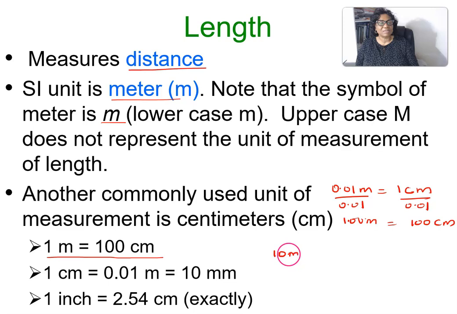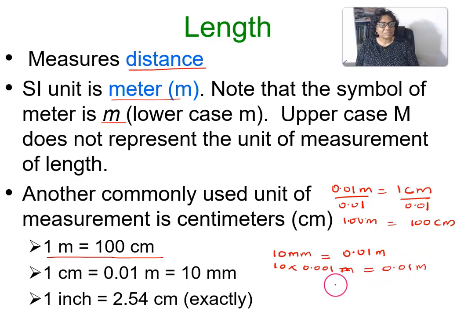So 10 millimeters equals 0.01 meters. So 10 times 0.001 meters equals 0.01 meter. Yeah, so that's how this value is obtained.